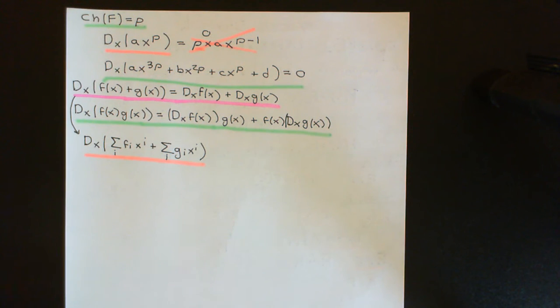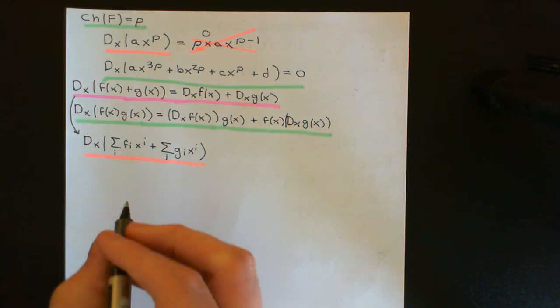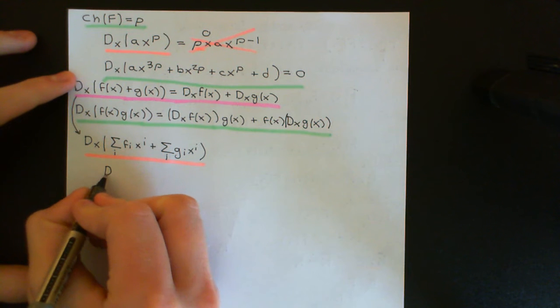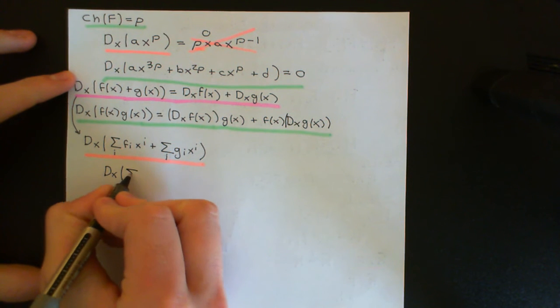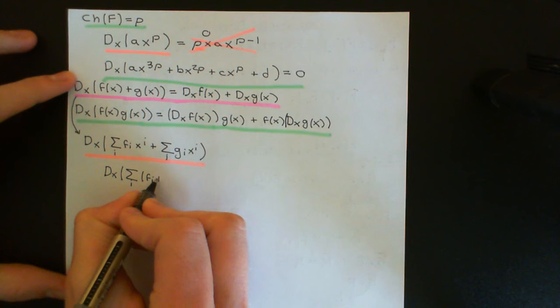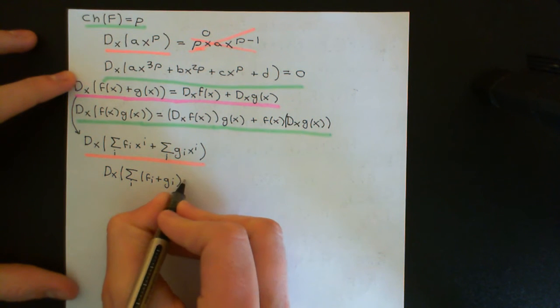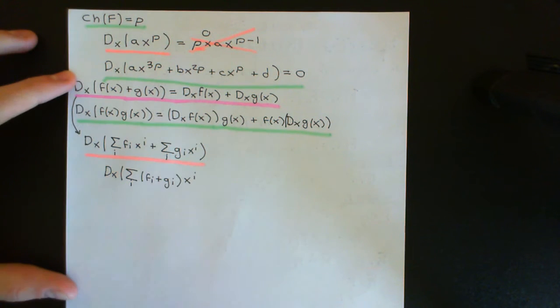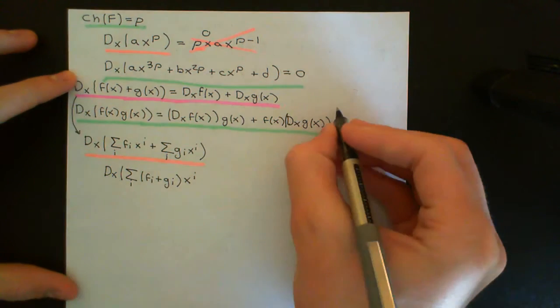Well, of course we are familiar with how we add two polynomials together in the ring of polynomials. We add the corresponding coefficients that are in front of the same power of x together. Okay, so this will just become the derivative of the sum over i, and the answer to this is now you add f_i to g_i, and then you stick that in front of x to the power of i, and I'm just going to colour code the additions in here.